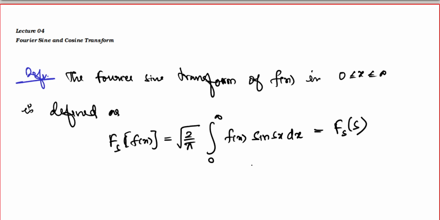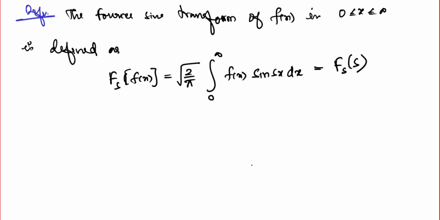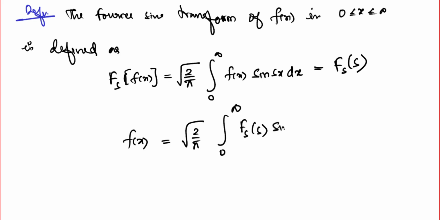Whenever we write such an expression, remember we write Fourier transformations in pairs, which means if you know the transformation, you should also know the inverse transformation. Meaning we can write f of x in terms of the Fourier sine transform as square root of 2 by pi into integral 0 to infinity Fs of s into sine sx into dx.